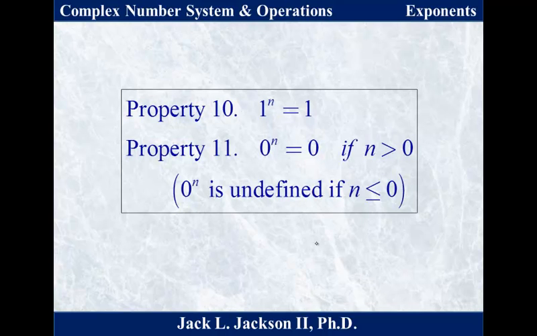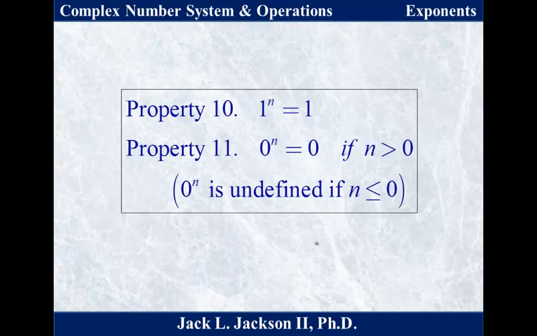Now, what if we have 0 to the n power? Well, it turns out that 0 to the n power is 0 if n is positive. 0 times itself any number of times is certainly 0. But 0 to the n power is undefined if n is less than or equal to 0. 0 to a negative power is dividing by 0, because 0 to the negative 2 would be 1 over 0 squared, which is 1 over 0, which is undefined.